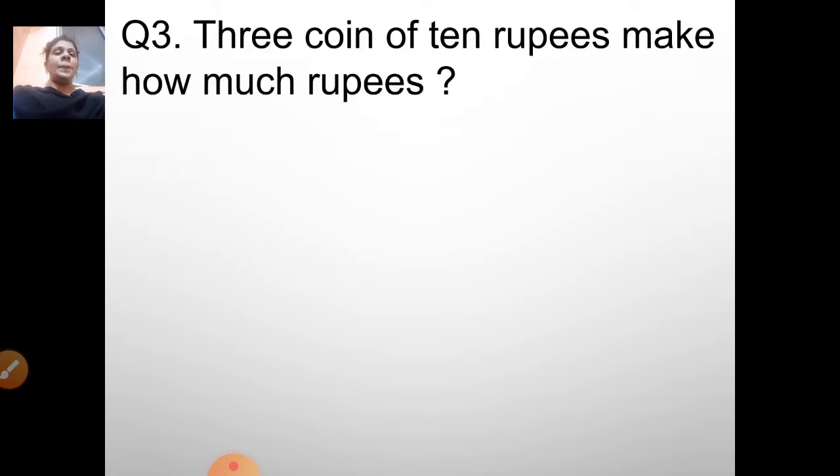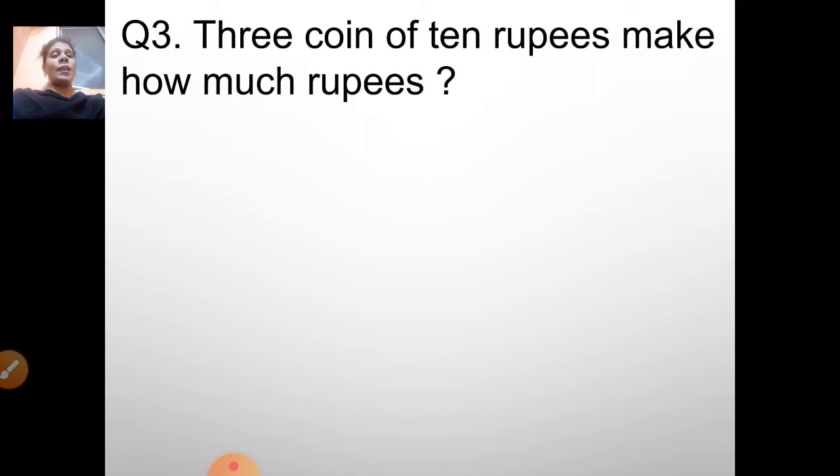Question number 3. 3 coins of 10 rupees make how much rupees? Count and tell me, children. 1 coin of 10 rupees will be 10. Then 2 coins of 10 rupees, 20.